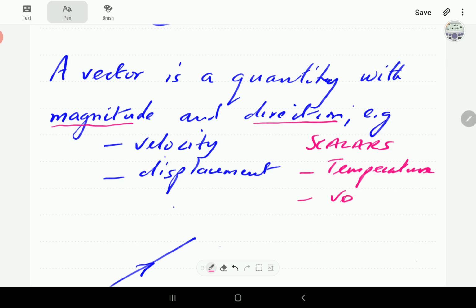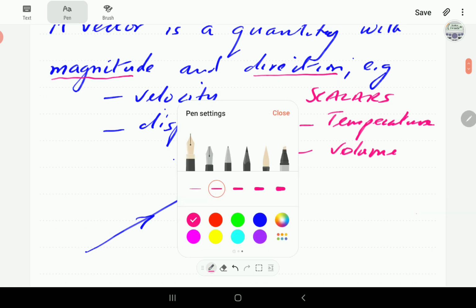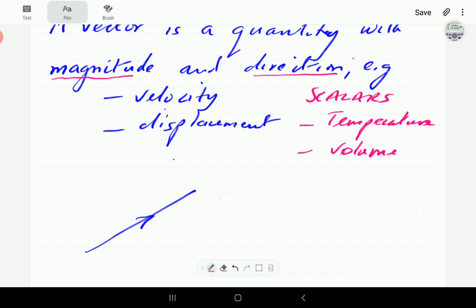You could mention the volume of an object. There is no direction associated with that. So those are examples of scalars. It's important to have the distinction between these two, because in our study, we're typically going to be coming across quantities that are vectors and quantities that are scalars. All right.